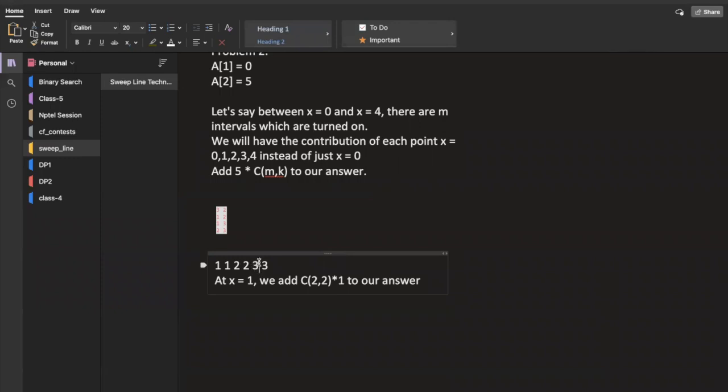If this point was, let's say, 5 instead of 3, then we would have multiplied this expression by 3 for x equals to 2 because there are 3 points between 2 and 5, that is 2, 3, and 4. The contribution of all these points will be exactly the same because the situation is exactly the same between x equals to 2 and x equals to 4, right? So this is what is happening. I hope this made things a bit clearer.